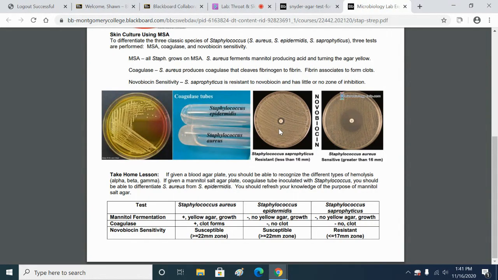Or maybe it can ferment mannitol, it can make a clot, but now it's resistant to novobiocin, right? So you could have different mutations in your staph, which could give results that conflict, that are not typical. So that could happen.